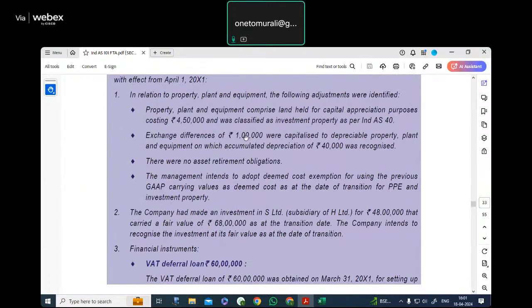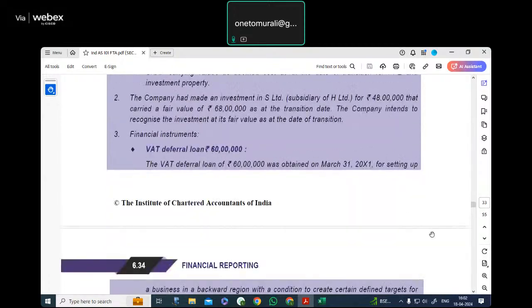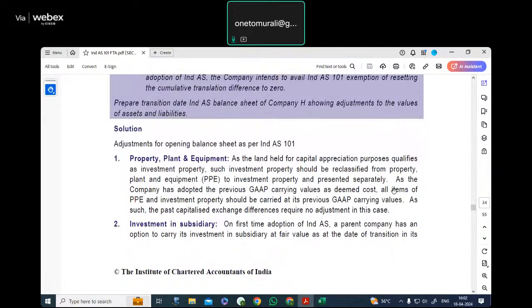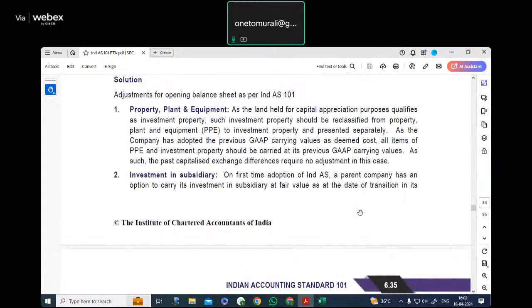So exchange difference of 1,000 was capitalized to depreciable property. See, it may be an application of Ind AS 23. Exchange difference to the extent of borrowing cost shall be capitalized. Which they have done already, which is also in line with the present practice that you have. AS 16 and Ind AS 23 are almost on the same lines, and on which we do have accumulated depreciation. So now let us just put a note for that. So here it should be as the company has previously deemed all cost.